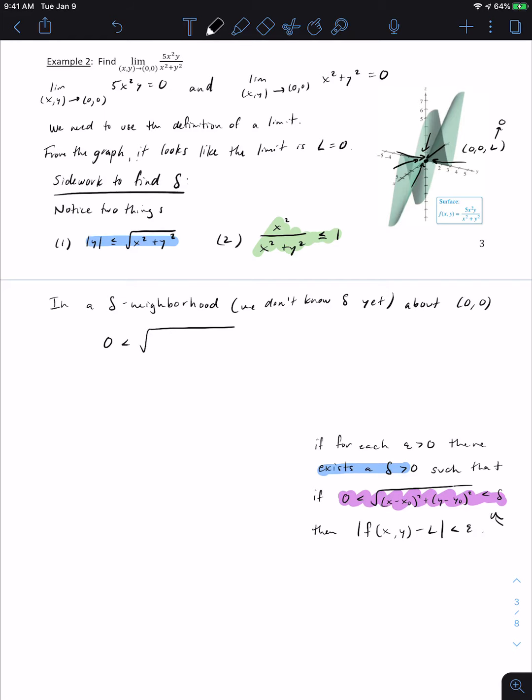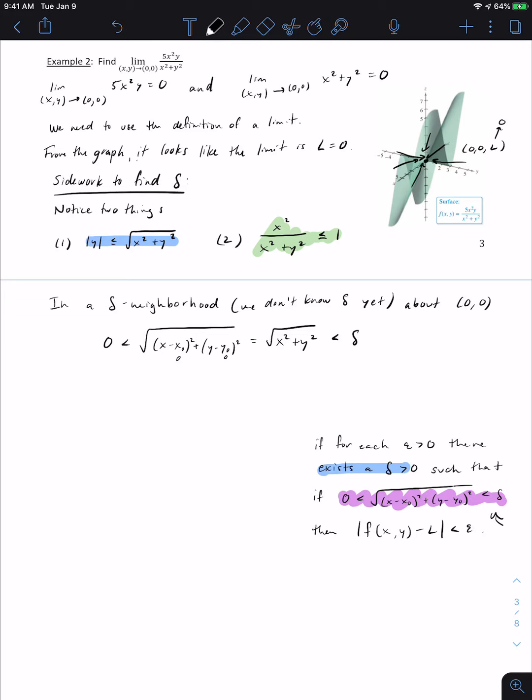So in a delta neighborhood about that, what is a delta neighborhood? It means that if I take some point x minus whatever point we're focused on, in this case x not equals 0 and y not equals 0, but let's write it in general. But in our case, what is x not, y not? Well, this is 0 and this is 0, right? So here I get that the square root of x squared plus y squared is less than delta, right?